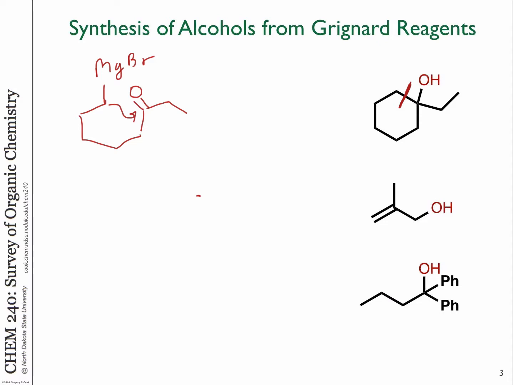Okay, how about the second one? What Grignard reagent and what carbonyl compound would you have to have? The carbonyl compound has to be an oxygen double bond to the carbon that the OH is attached to. But what else is on there? That's the question. What are you breaking off to go backwards in this reaction?